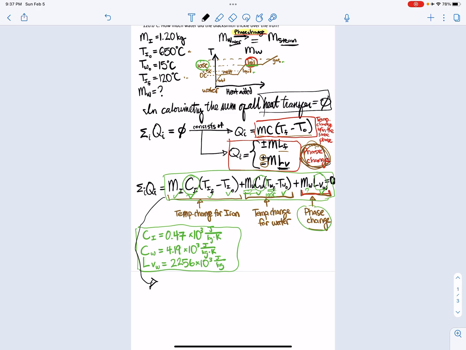So I know that mass of water times temperature change of water plus mass of water times latent heat of vaporization of water is equal to negative mass of iron times specific heat of iron times temperature change of iron, T iron minus T iron naught.